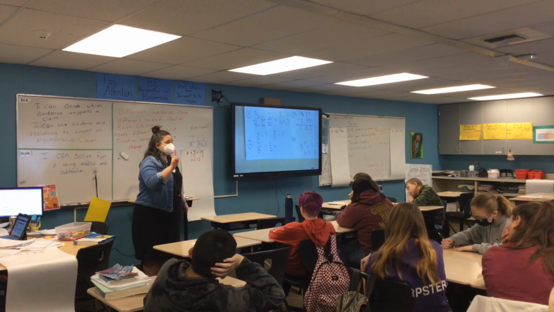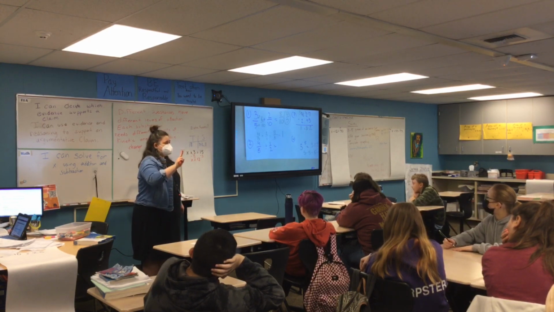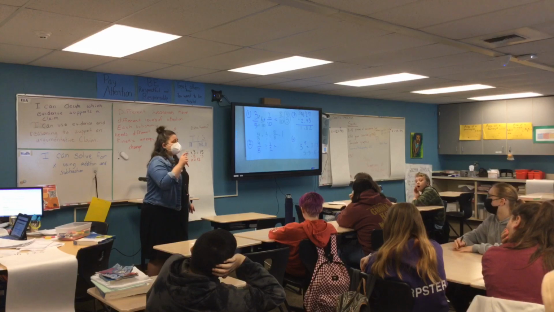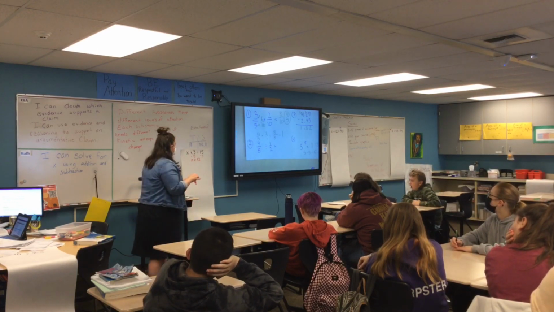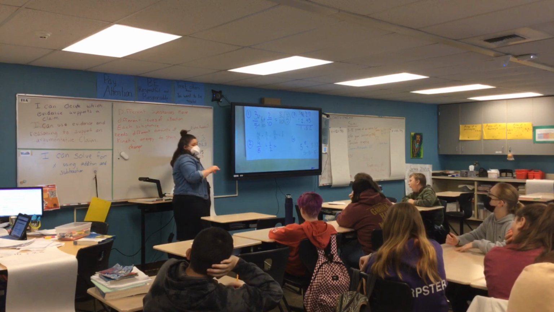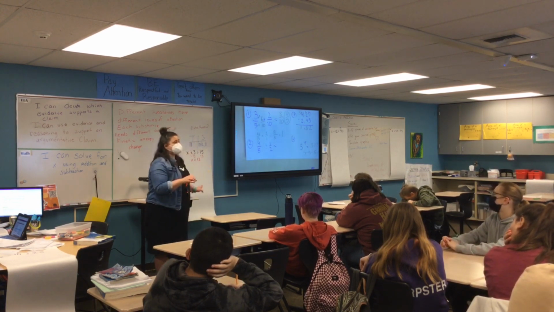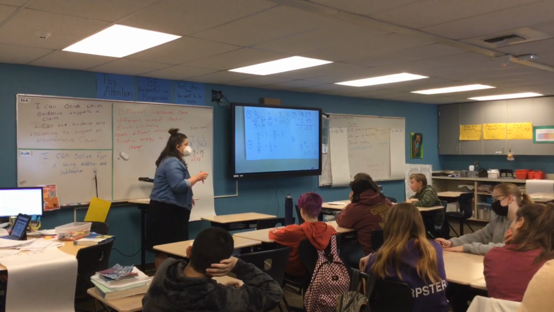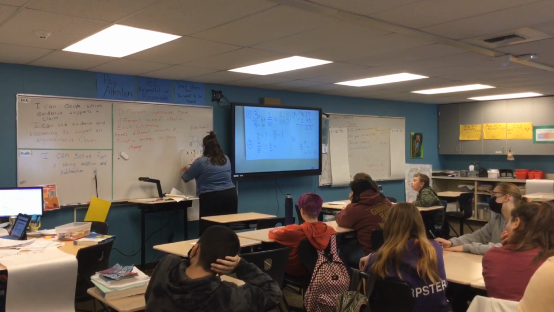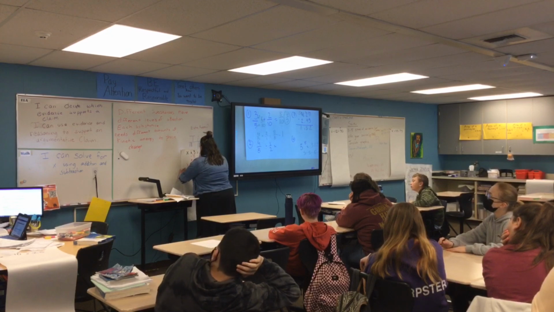What is the second step that I need to do? Write another equation. It has to look the same as the one I have in black, just with different numbers. So it has to be x plus a number.